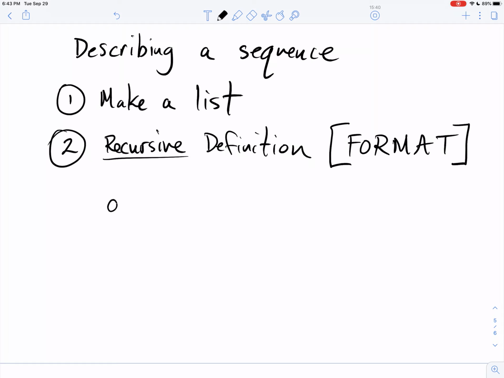Here's the format. You say a sub 1. Now, what does a sub 1 represent? It represents the first number in our list, or we call it the first term. Then, if you're going to write a recursive definition, you always write this part. This says if you want to know any number, a sub n, if you want to know any number in the list, it's going to be equal to, well, what is this guy?